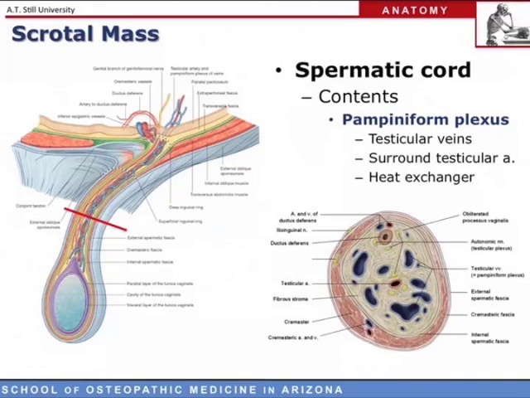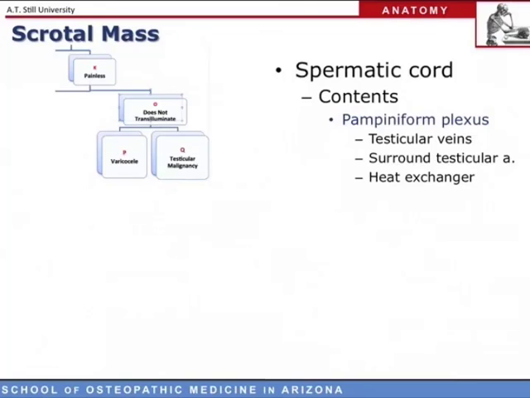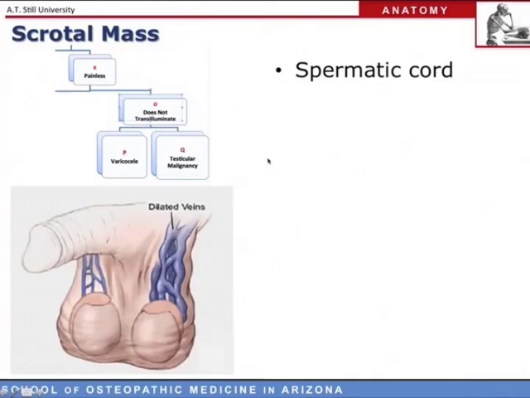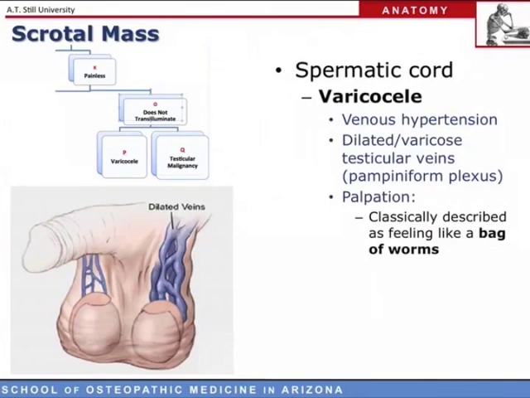Okay, so let's take a look at the scheme again and look at this portion here called varicocele. What we can have with the pampiniform plexus is a situation that's known as a varicocele, and that's due to venous hypertension. If you get this venous hypertension, then as we've seen in other areas in the body, we can have the dilation of veins, or these varicosities within the pampiniform plexus of veins.